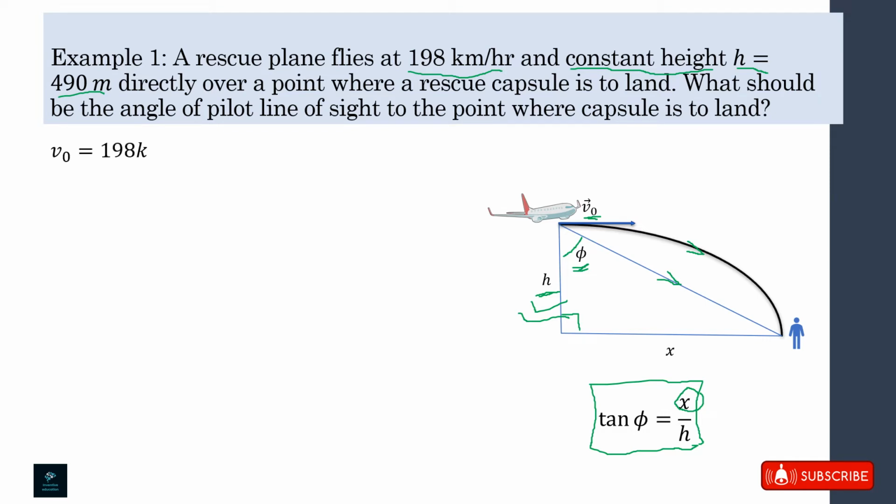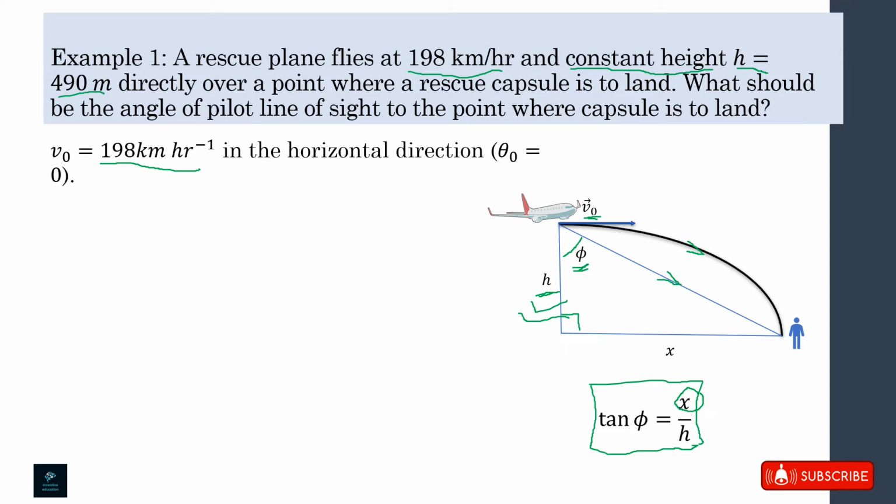So we are given that v0 is equal to 190 km per hour in the horizontal direction, that is theta 0 is equal to 0. We need to convert it into consistent unit, that is we need to convert the initial velocity into meters per second. Now in a kilometer there are 1000 meters and in an hour there are 3600 seconds.